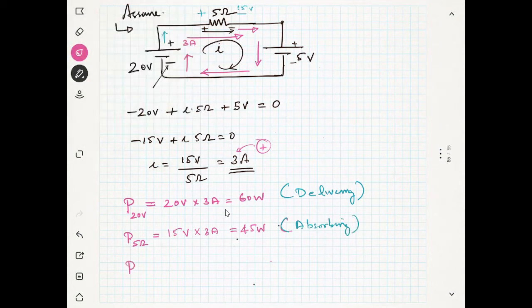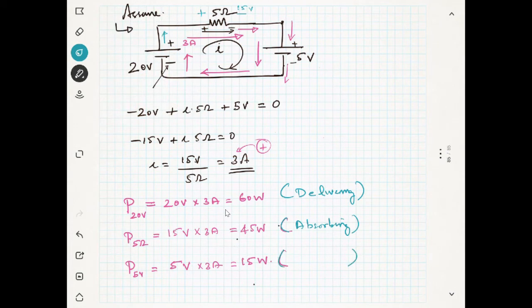Now we have a 5 volt battery. So we have the voltage as 5 volt and the current as 3 ampere. Now you see here it is 15 watts, and this current is going into the positive, or it is leaving from the negative. So is it absorbing or delivering?